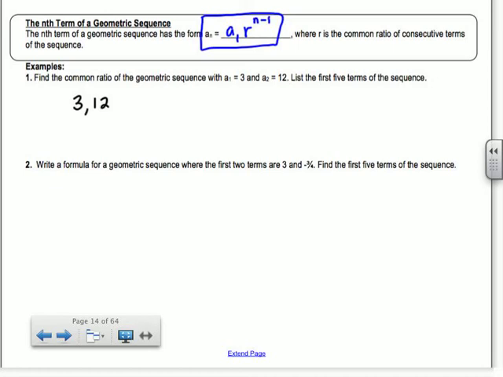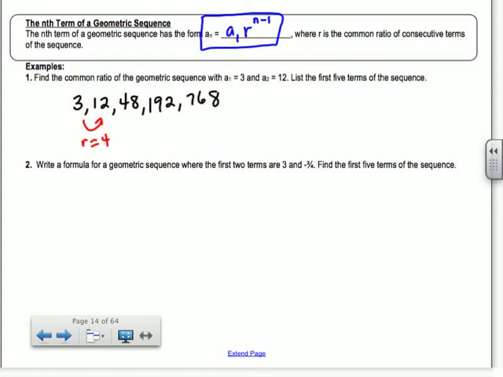Okay, so if I want to get to the nth term, so a sub n, I'm going to start with my first term, and I'm going to multiply by r how many times? n minus 1, right? 1 less than n. Remember here it was 2 times and we wanted to get to the third.